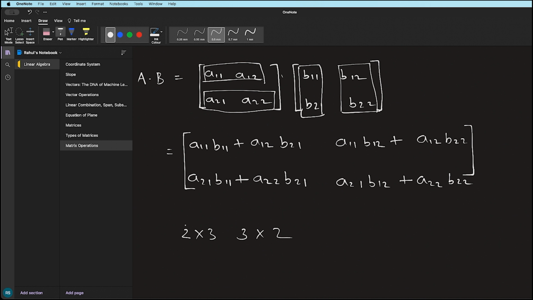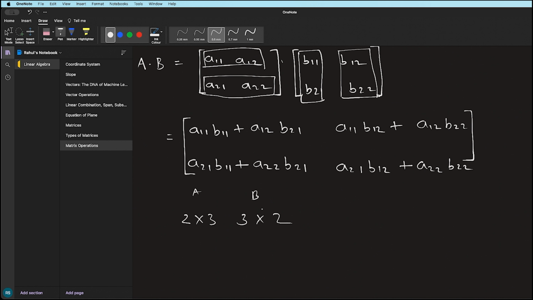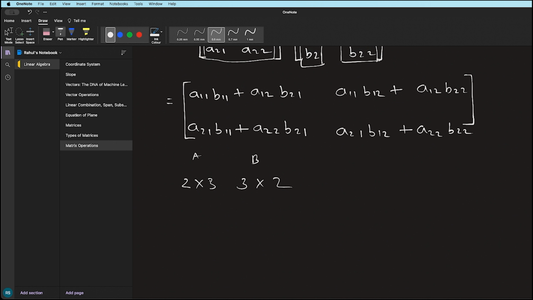Here the first element denotes the number of rows and the second element denotes the number of columns. Suppose this is matrix A and this is matrix B. The number of columns of matrix A must be equal to the number of rows of matrix B. If these two are equal, then and only then we can perform the matrix multiplication.